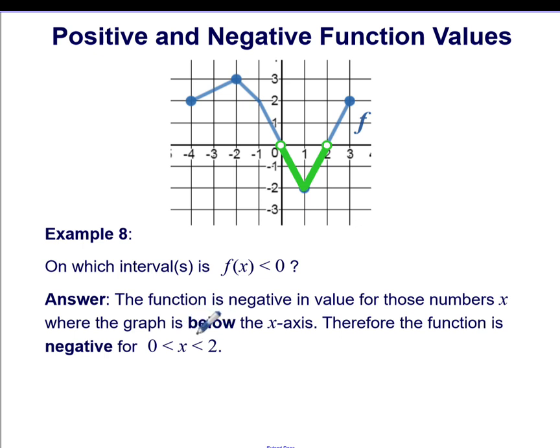We're not saying less than or equal to because at the point at 0, the graph is actually on the x-axis. That's not less than 0. Same thing when x is equal to 2. That point is on the x-axis. It's not less than the x-axis or below it, so we can't include that as well. That's why we have an open interval.